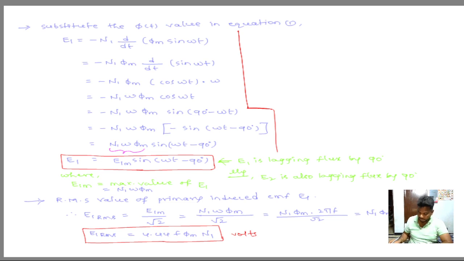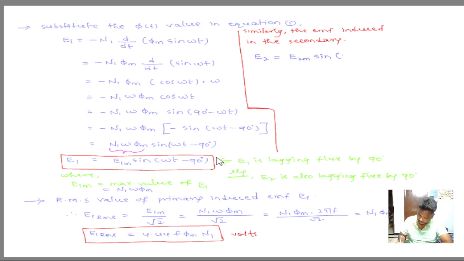Similarly, the EMF induced in the secondary, that is E2, is equal to E2 max sine of omega t minus 90 degrees.